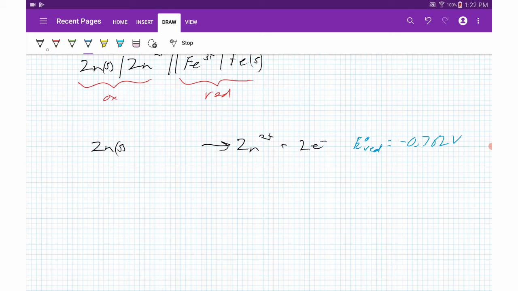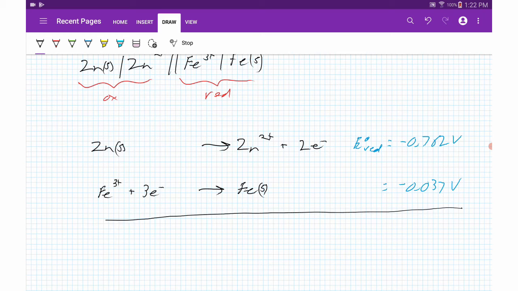That's just simply looked up on the data sheet. The second reaction is that of iron 3+ reacting to produce iron solid, and this is a 3-electron process. The reduction potential here is negative 0.037 volts.